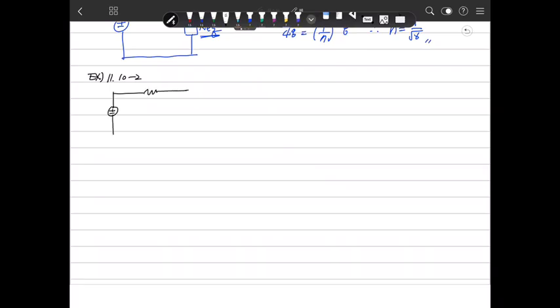It has a resistor and an ideal transformer, and a resistor and an inductance here, just like that. We want to know the Vout. There is a problem. What is Vout?